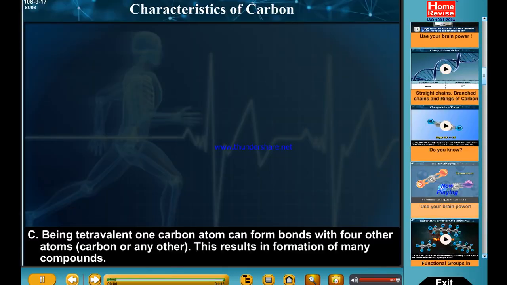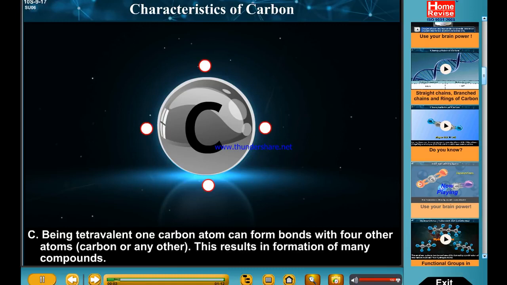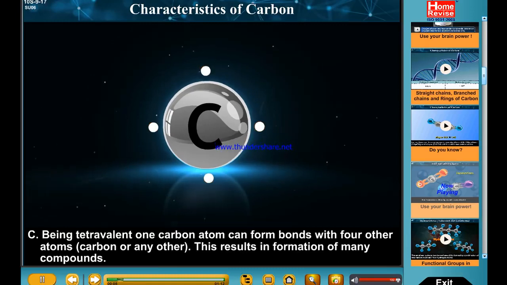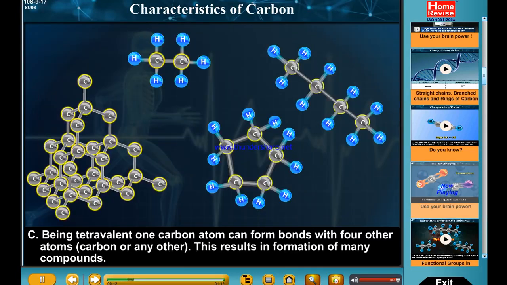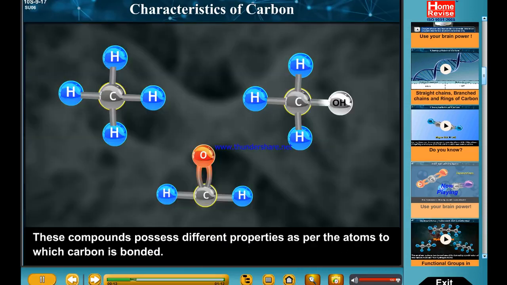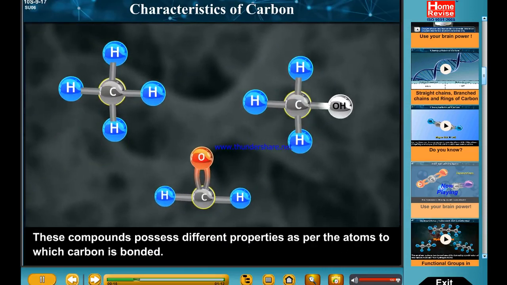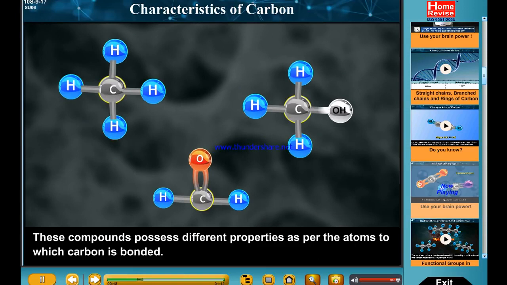C. Being tetravalent, one carbon atom can form bonds with 4 other atoms, carbon or any other. This results in the formation of many compounds. These compounds possess different properties as per the atoms to which carbon is bonded.